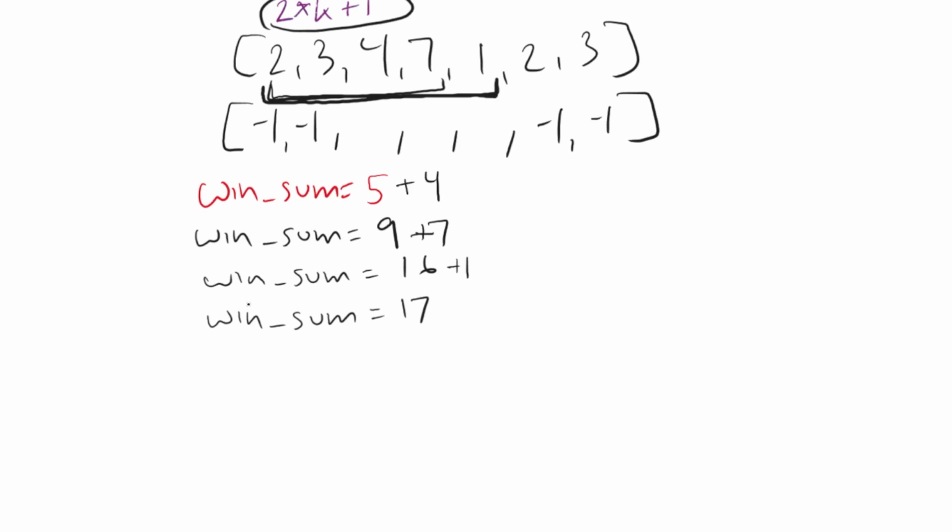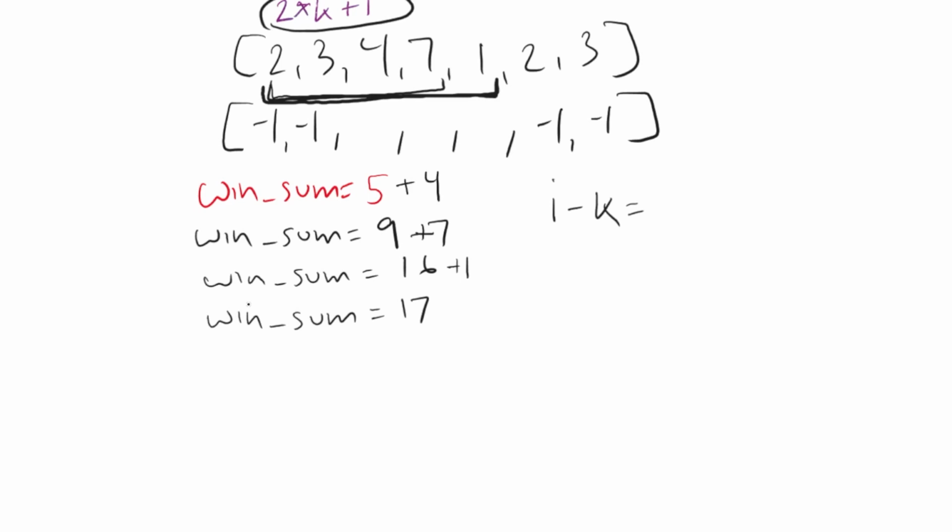Essentially, it's going to be the index of the number, I minus k. I minus k is going to give us the index of our center. So in this case, our k is 2, and we want to find the average for the center: index 0, 1, index 2, element 4.